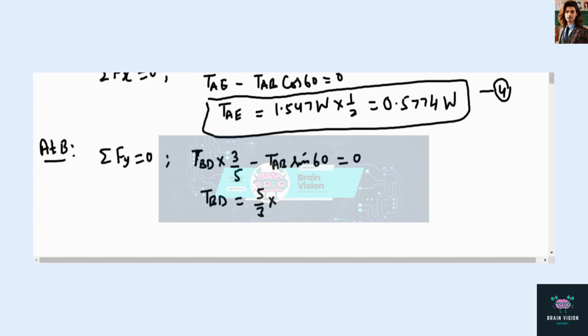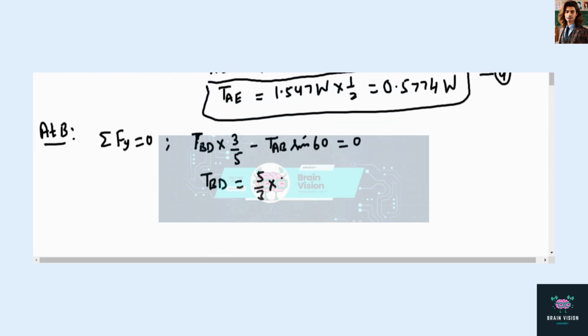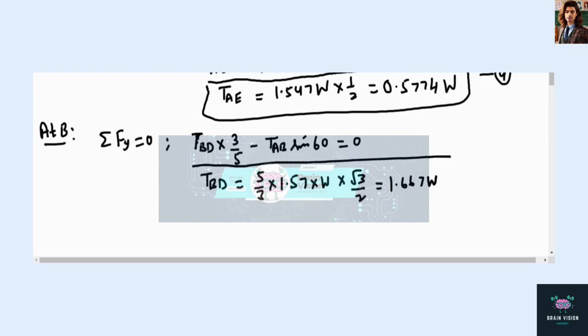Tension in AB already we have calculated 1.1547 weight of the cylinder into sine of 60, that is root 3 by 2. So on solving, tension in the BD we will get 1.667 weight of the cylinder. So this is equation 5 I am saying.